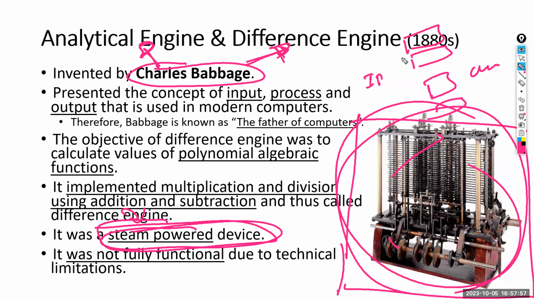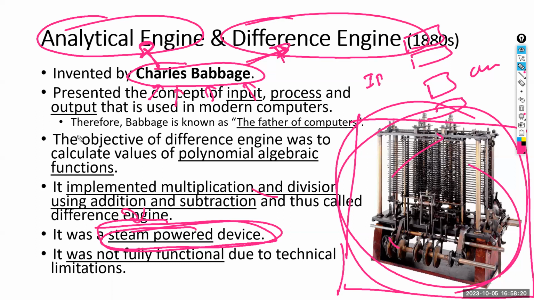So though those two devices were not 100% functioning, we still call Charles Babbage the father of computing. So what are the things you have to remember about Charles Babbage? We call him the father of computing. He came up with two devices, analytical engine and difference engine.